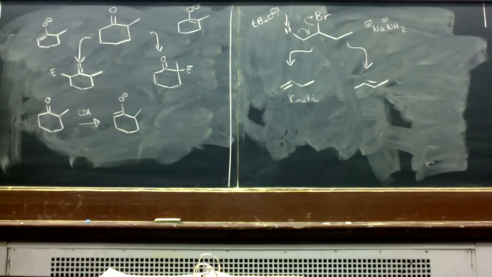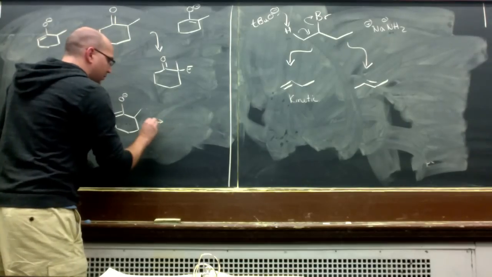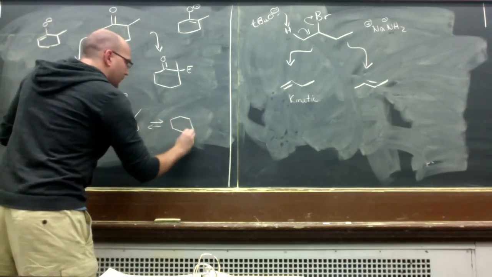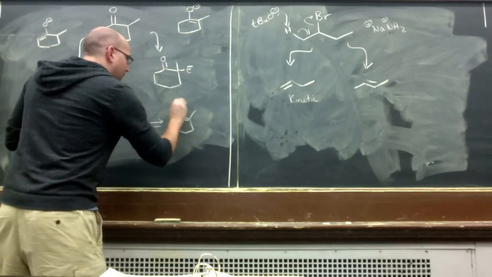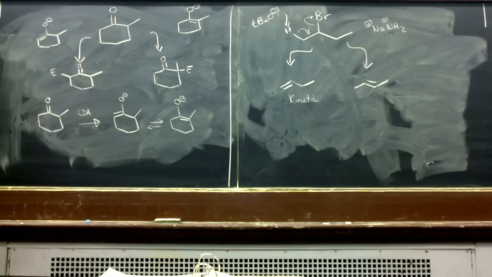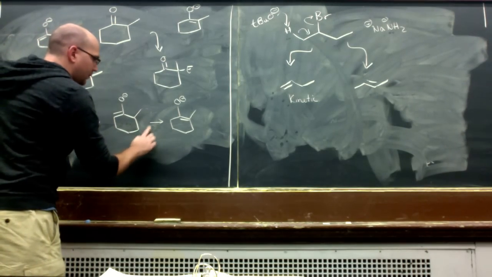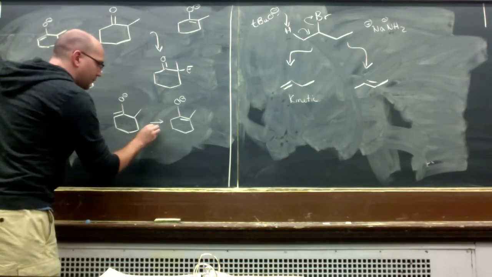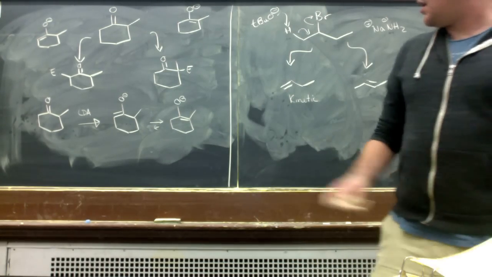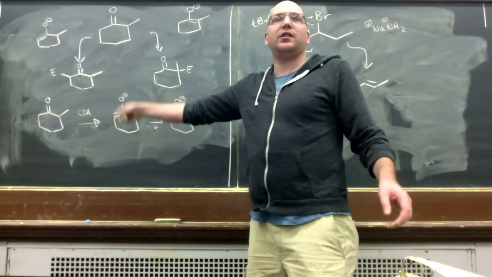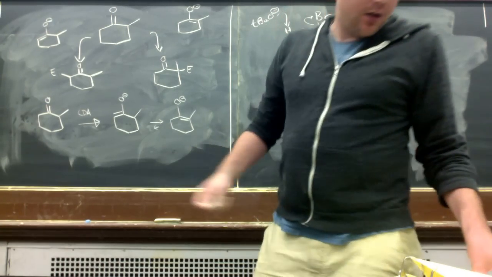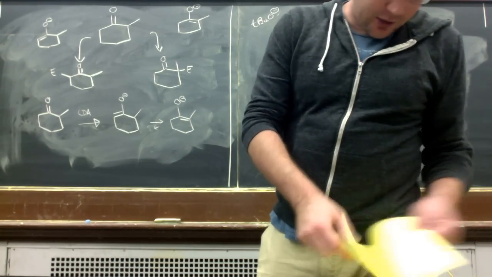So if you give this time to equilibrate, eventually, over time, what's going to happen is that this compound here becomes the more thermodynamically stable molecule that I'm showing you there. I want to make sure I get this right.